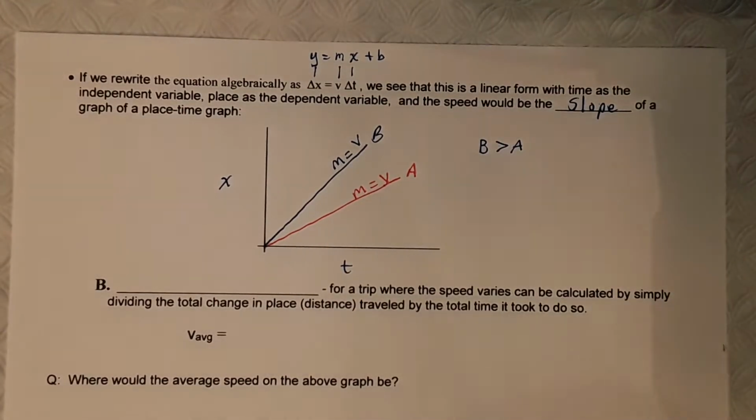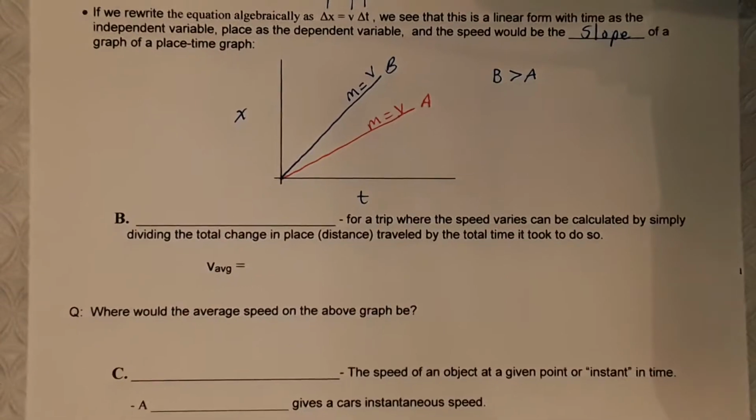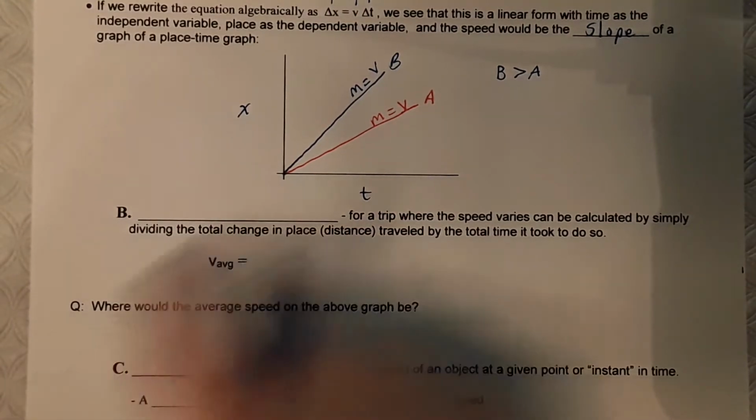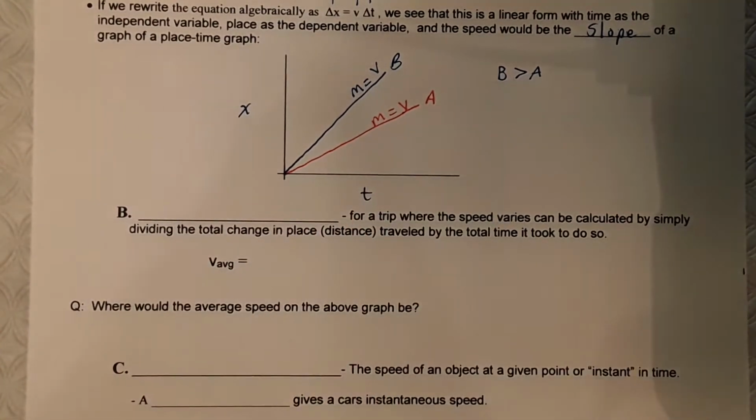All right. Now, unfortunately for us, in real life, objects don't always have constant speed. Sometimes the speed changes. It can decrease in value or it can increase in value, in which case you would not get a straight line at all. You would get some sort of a curve, a changing slope to represent a changing speed. Let's suppose, for example, that you're on Manatee Avenue headed out towards the island.